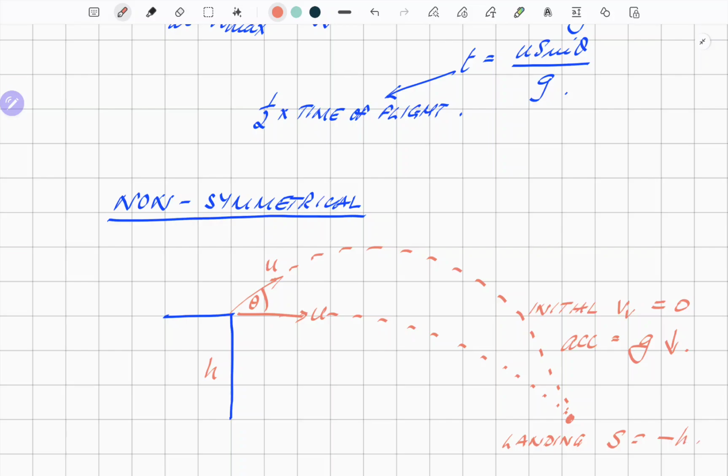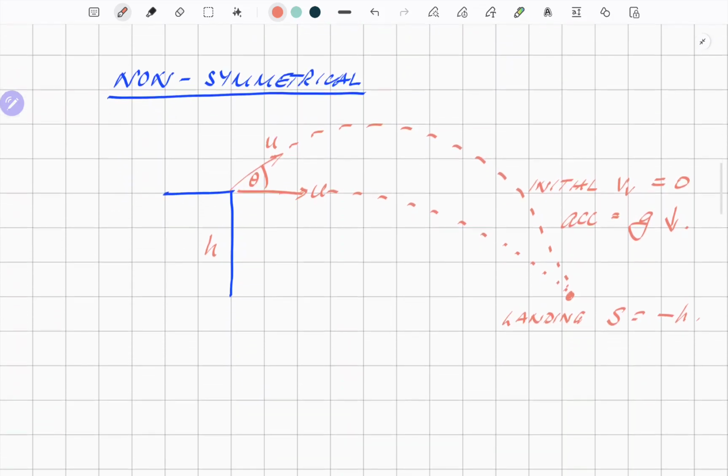Can you see? It's going to be below the level it started at. It doesn't matter whether you call it h or minus h, as long as you are aware of the negative signs and what direction you have set in your question as positive. Does that all make sense?